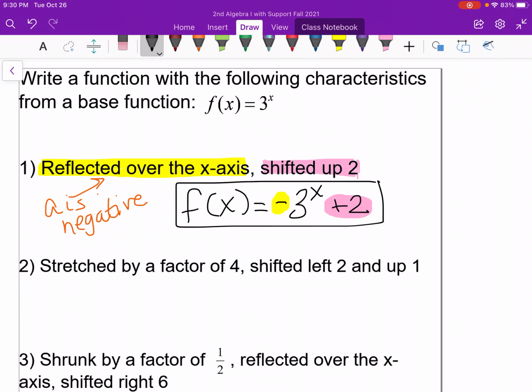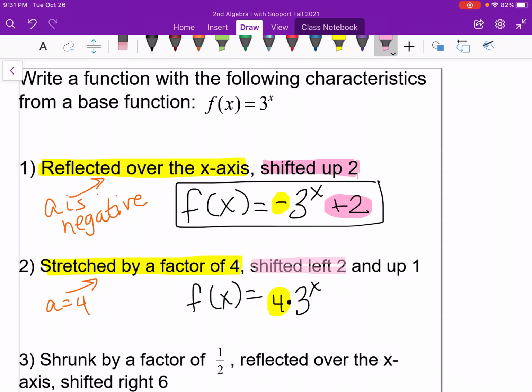Next question, without even reading it, I'm going to start with f of x equals 3 to the x. So the first item is that it's been stretched by a factor of 4. So that means that a is 4. So a is right out here. So that would be 4 times 3 to the x.